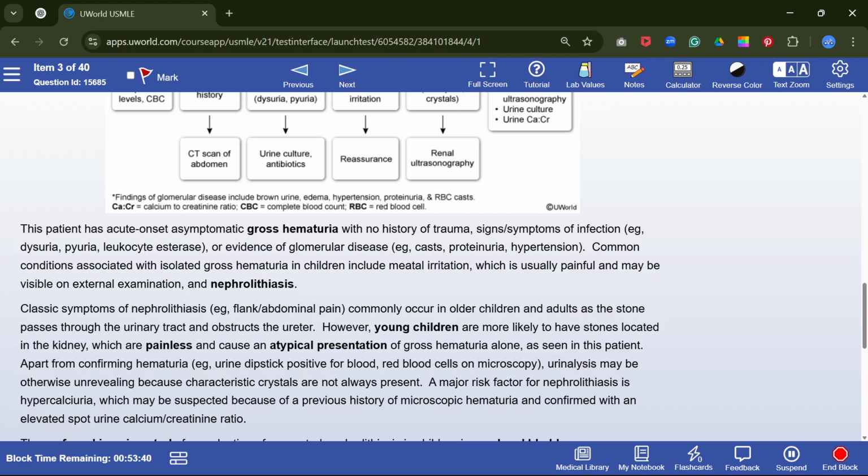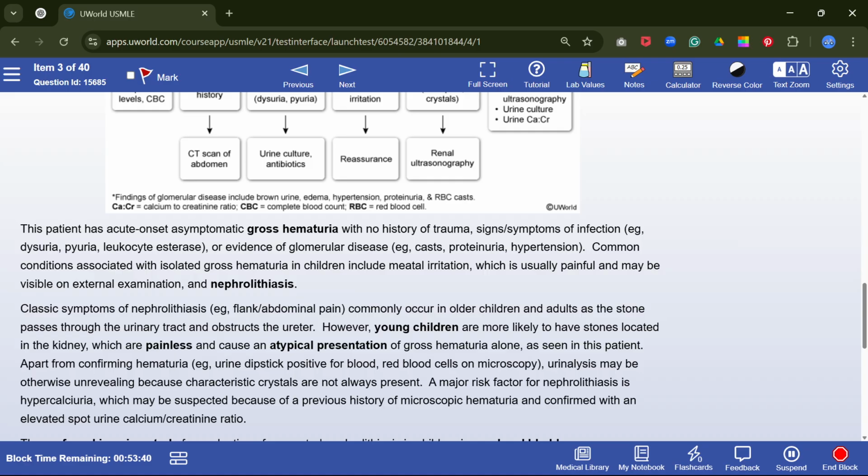Common conditions associated with isolated gross hematuria in children include meatal irritation, which is painful and may be visible on external examination. And nephrolithiasis.